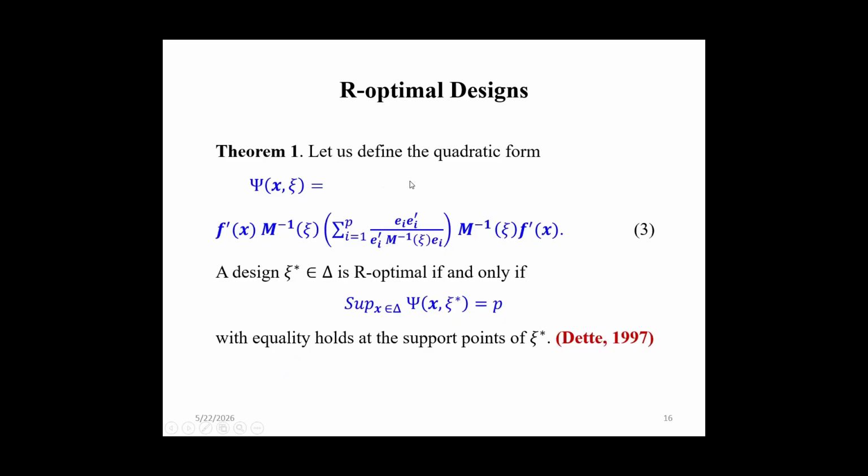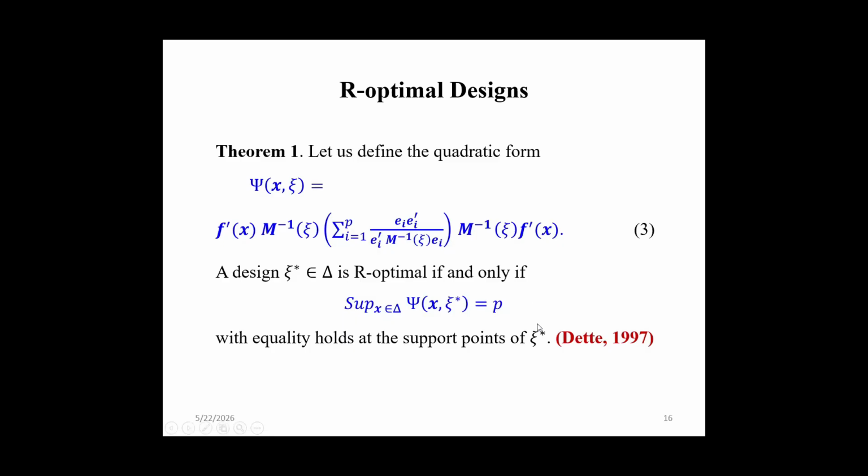Basically, a design is said to be R-optimal if and only if this quadratic form is equal to exactly the number of parameters associated with the model f(x). And Dette 97 says that whenever the points are the support points of the R-optimal design, equality will hold, and at the other points it will be strictly less than that.